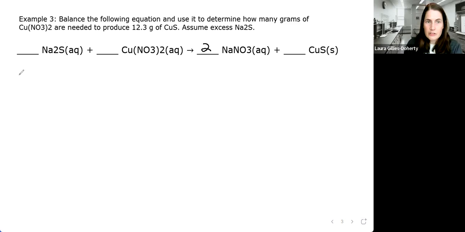Okay, next we can start solving our problem. So given that we want to make 12.3 grams of copper 2 sulfide, we want to find how much copper 2 nitrate that's going to take.